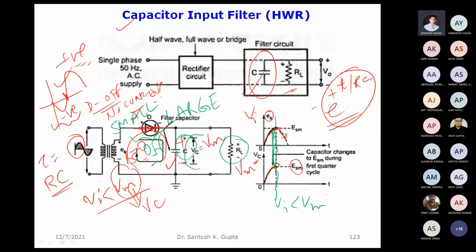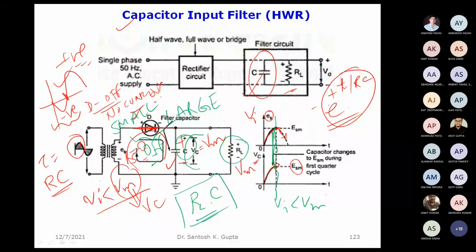But now the input signal is cut off from the circuit because the diode becomes reverse biased, and the capacitor, which has been charged to VM potential, starts discharging through the load resistance RL with a time constant RL times C. RL is significant now, of the order of kilo ohms. The capacitor is also there, so there is some time constant RLC, and with this time constant the voltage starts decreasing.